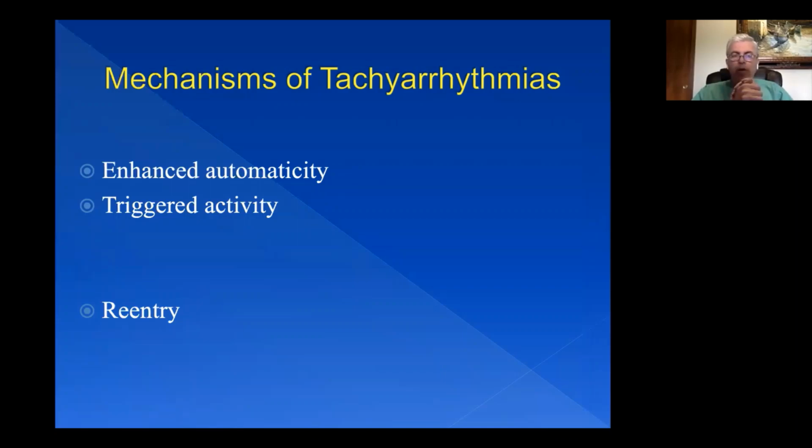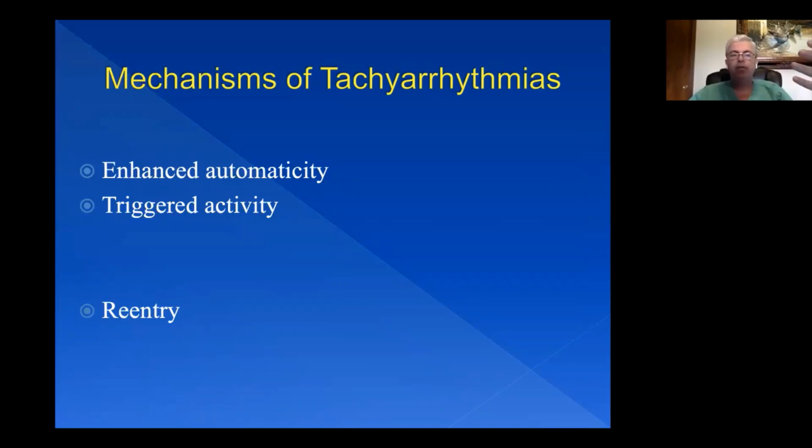No matter how you look at it, you have 3 main mechanisms for the heart to go fast. Either what we call enhanced automaticity, think about it as a sinus rhythm, an automatic focus that goes faster. Triggered activity, think of it as a focus in the atria, for example, that's not supposed to be there, but it's triggered and causes the heart to go fast.